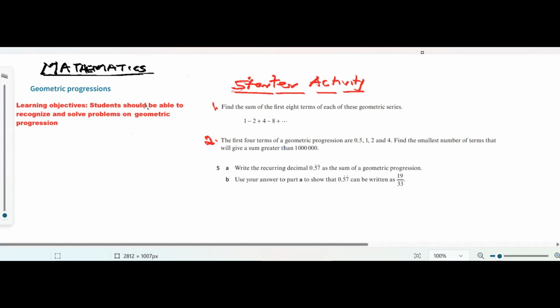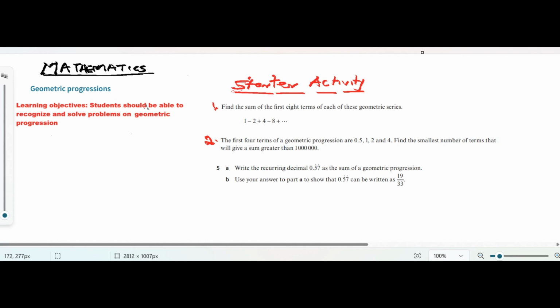So in this episode, we are talking about geometric progression, or what you refer to as exponential sequence or exponential series, which is a type of series or sequence in which there is a common ratio. When you have a series or sequence like that, then you are talking about geometric progression.